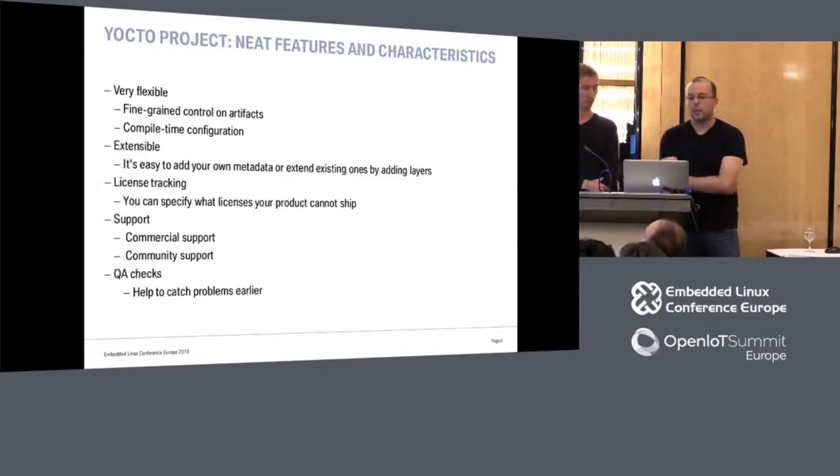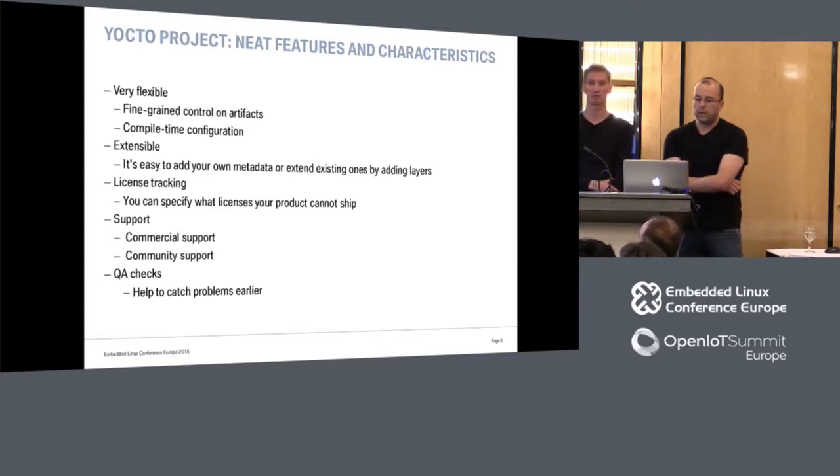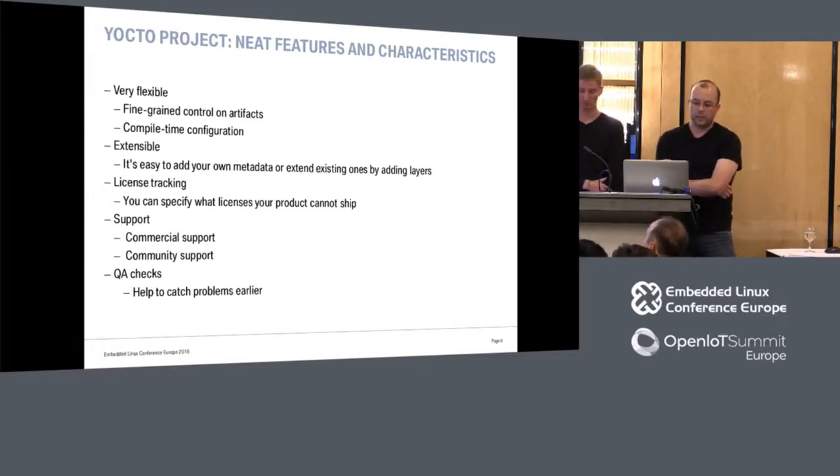Some neat features and characteristics of Yocto: it's very flexible. We can basically do anything we want with it. We have very fine-grained control over the output artifacts. We have the possibility of configuring it at compile time, which we cannot easily do with package-based distributions. It's very extensible. We can add to or extend it.